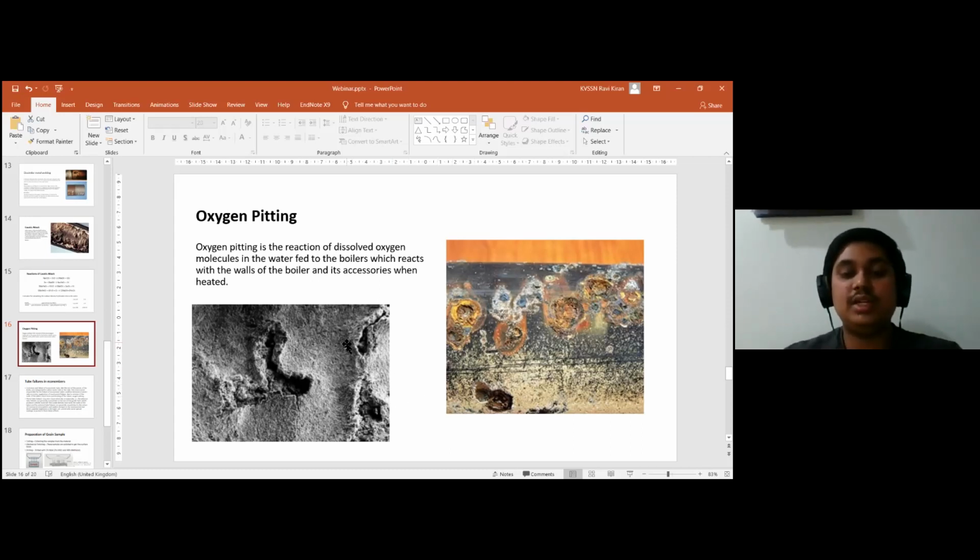These holes generally form cracks, and sometimes lead to boiler explosions.